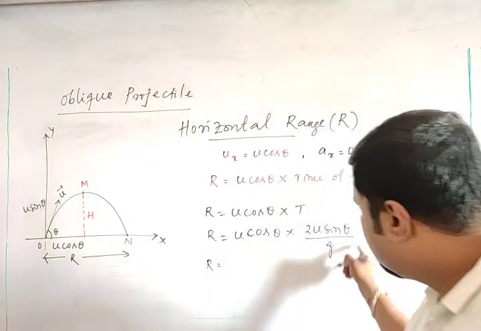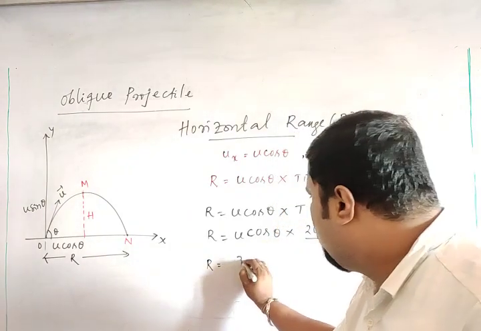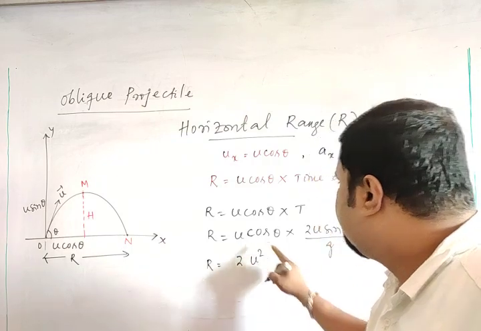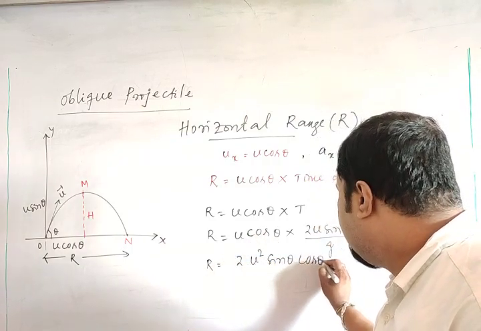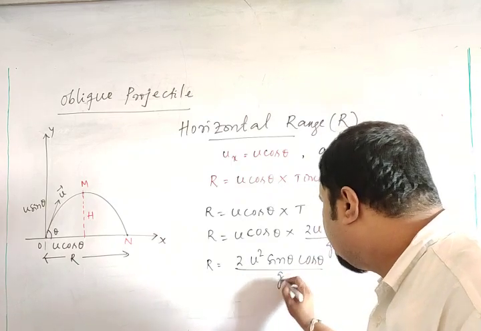Go back and you will see the result. So this will be 2u square sin theta into cos theta by g. What else can you write?